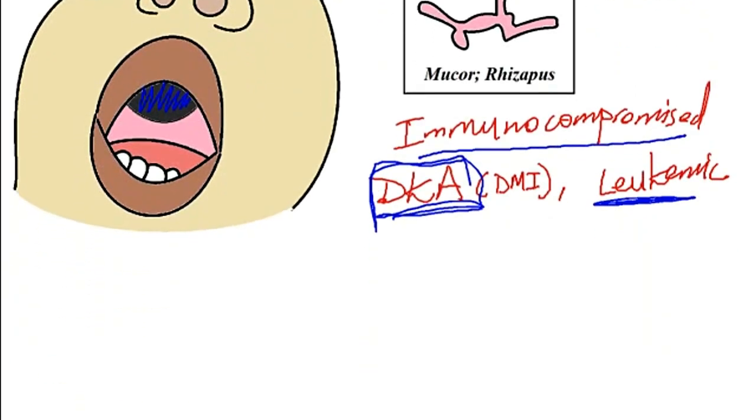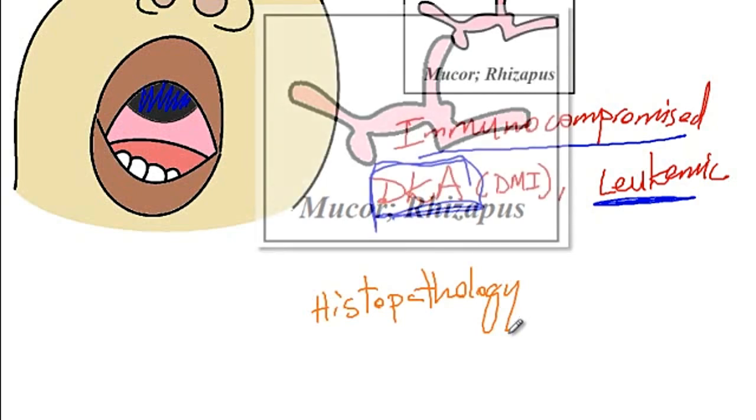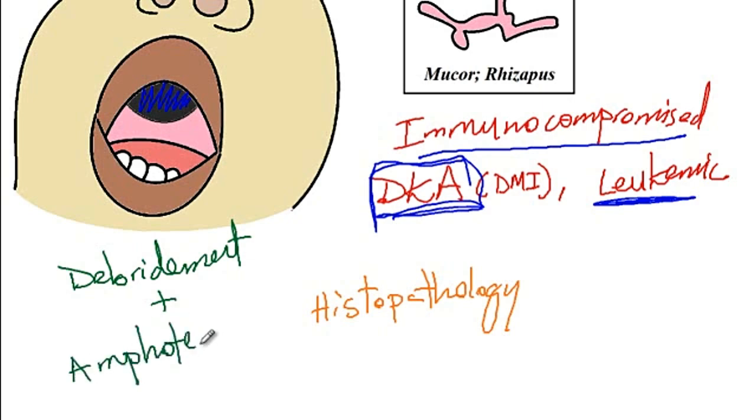As for the diagnosis, you will have to identify the organisms by tissue histopathology, where you will see hyphae at 90-degree angles. And then for the treatment of these patients, you will have to treat aggressively with surgical debridement and antifungal treatment with amphotericin B. And that concludes our discussion of cavernous sinus thrombosis and rhinocerebral mucormycosis.